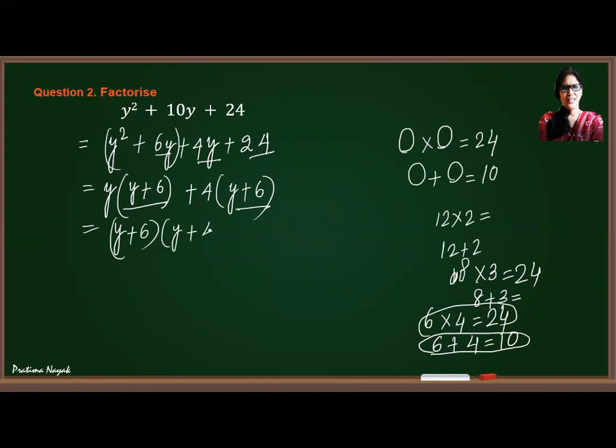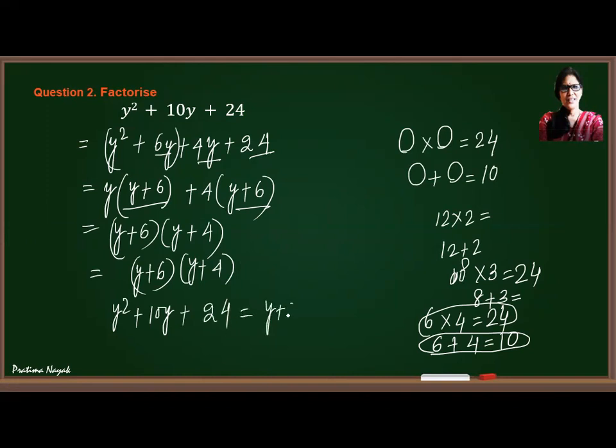For the second, 4 will be there. So the factor is y plus 6 multiplied by y plus 4. So you'll write the answer statement: y square plus 10y plus 24 is equal to y plus 6 times y plus 4.